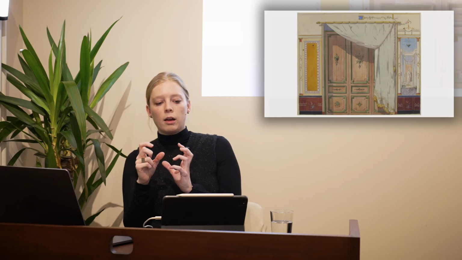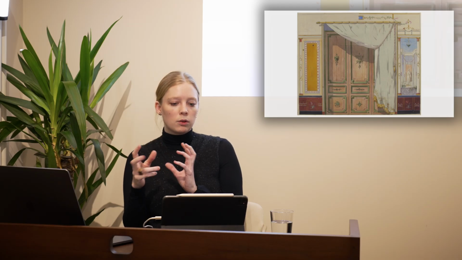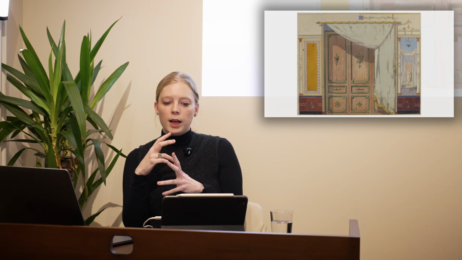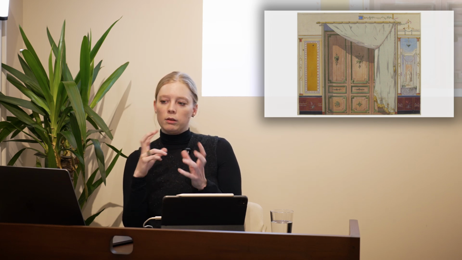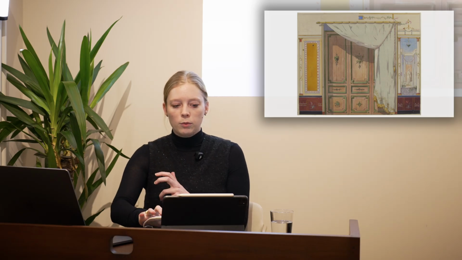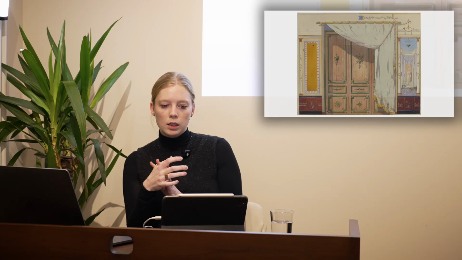In that way, the curtain can hold a physical, sensory, or temporal obstacle, and you can hold these things within your mind all at once. And so that's the liminal, third space that is created.